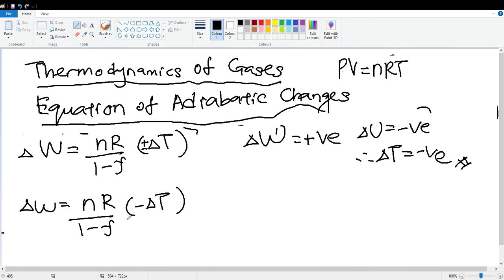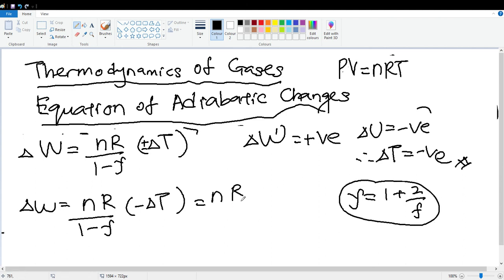Now, since my gamma, as we discussed in the previous video, is equal to 1 plus 2 over F, I can substitute gamma with this.